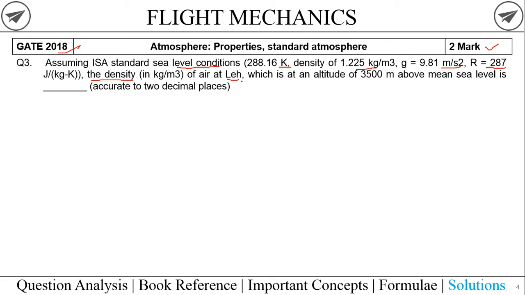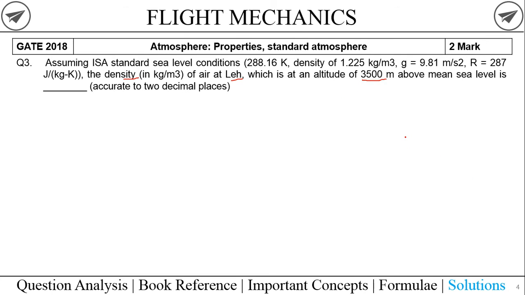Leh is a location near Ladakh. Here they have specified that Leh is at an altitude of 3,500 meters above mean sea level. So they have asked the density at this particular location, which is at an altitude of 3,500 meters.